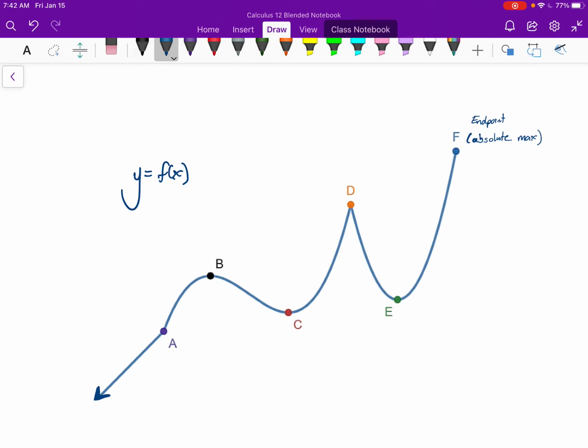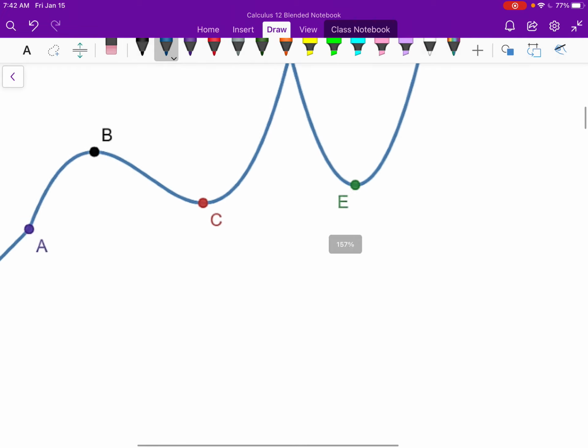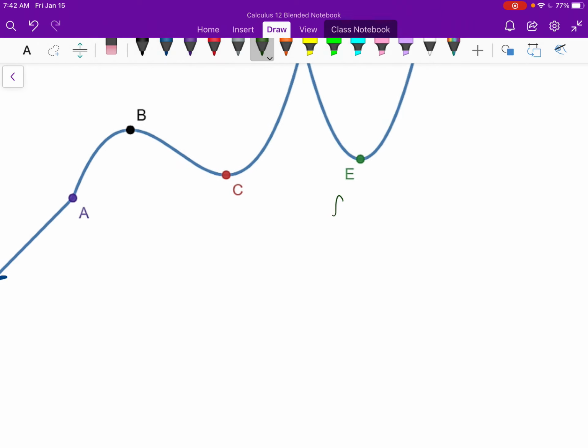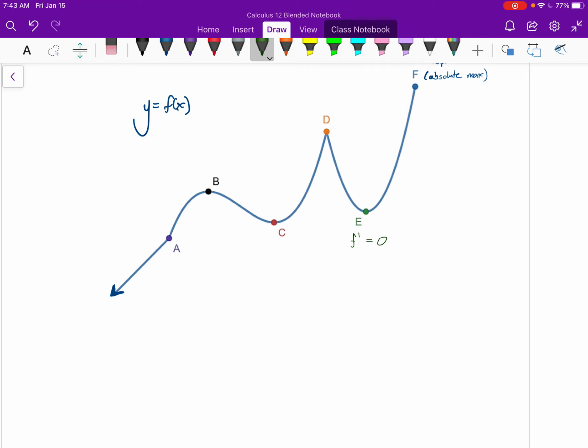All right, let's work my way left. Let's look at e. Notice in terms of a derivative, it's where the derivative equals 0. So at this point, f prime equals 0. This particular point is a vertex.